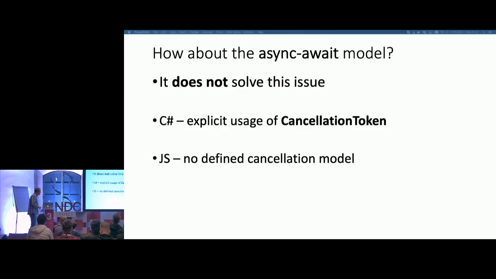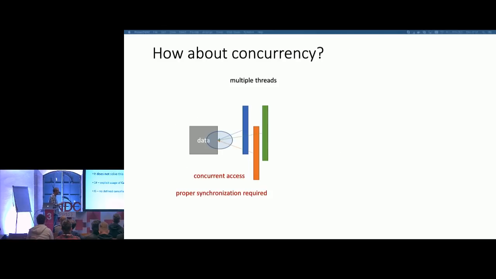Okay, so how about concurrency? In the name of this talk, I've talked about asynchronous processing, but also about concurrency. Well, what is concurrency? Concurrency is the access by multiple threads to mutable shared data. Meaning that when multiple threads access mutable shared data, it needs to have proper synchronization.